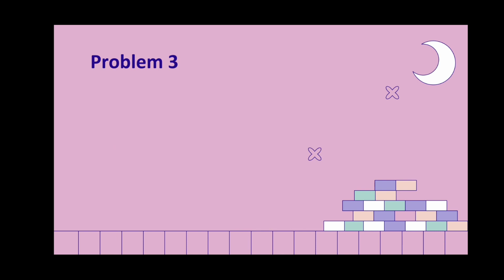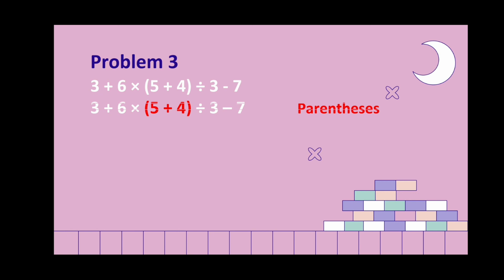Problem number 3: 3 plus 6 times open parenthesis 5 plus 4 close divided by 3 minus 7. So we need to solve the numbers inside the parenthesis first. So that is 5 plus 4 equals 9.